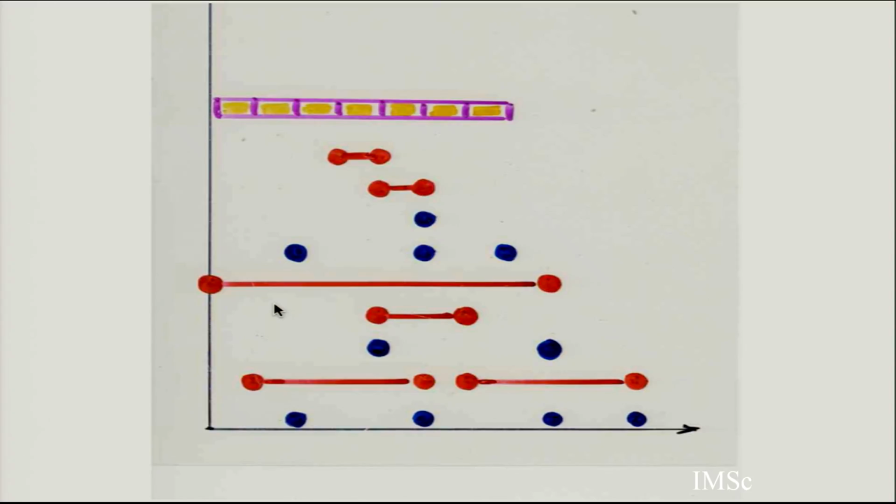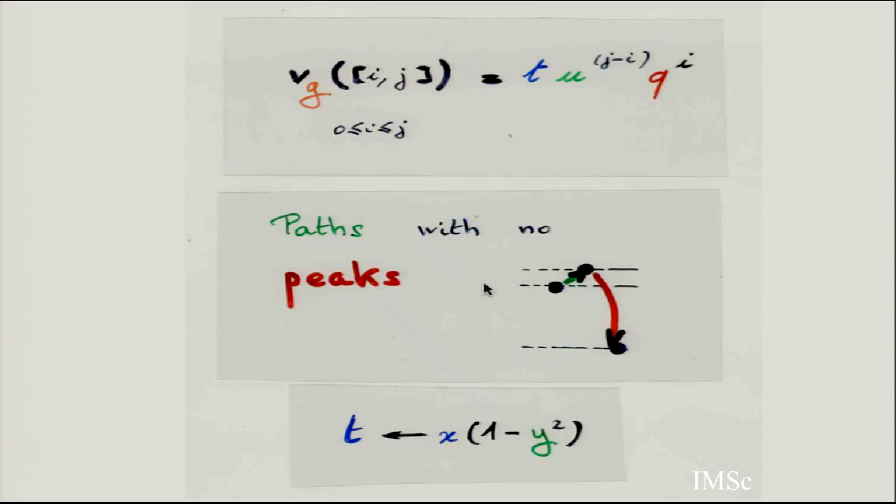Okay, and the condition on the path to be self-avoiding is that you replace t by x(1 minus y2) in the equation. It's because there is a path with no peak like this. So you have to check that there is an involution which is going to kill the bad paths and keep only the good ones.